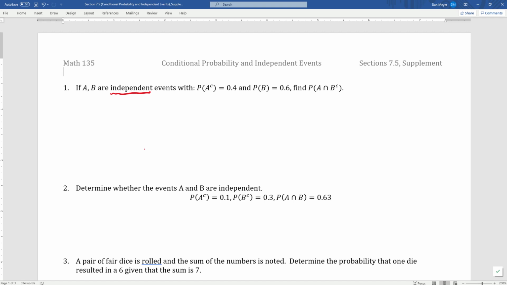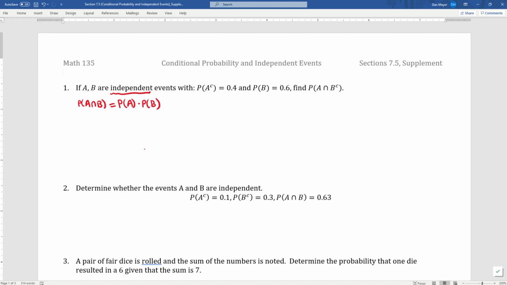A intersect B complement. Now, since A and B are independent events, one thing we know is that the probability of A intersect B is equal to the probability of A times the probability of B. That's one of the facts that goes with independent events.